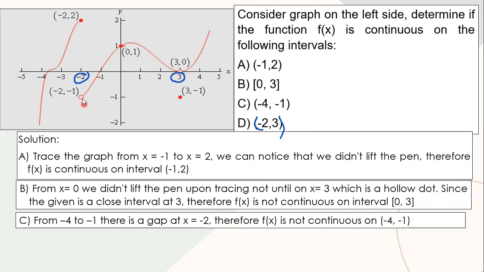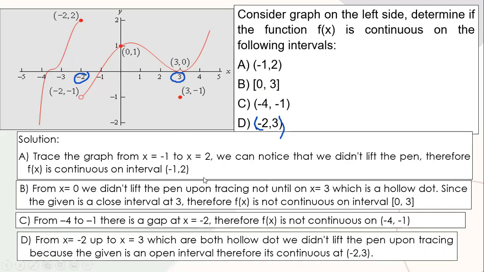Okay, so even if we have a hole or hollow dot here for -2 and 3, dahil nga open interval, hindi sila included, so we can still say that the function is continuous on -2 to 3.